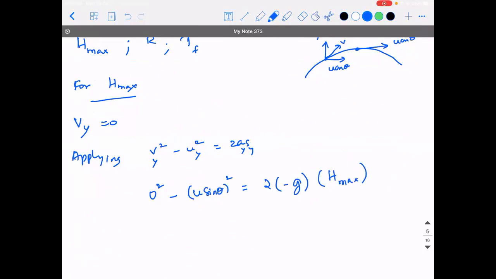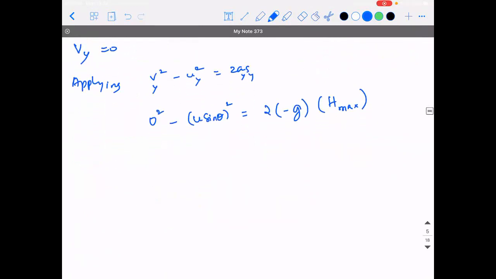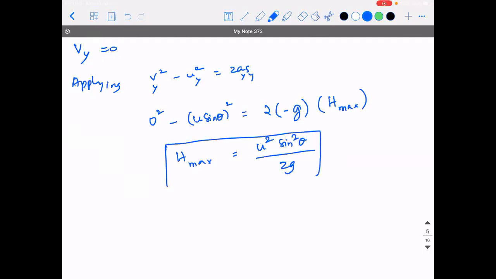For unknown parameters, since H max is what we need to find, we generally don't give a sign convention. So H max will be equal to u square sine square theta divided by 2g. This is the formula, a one-step derivation. Simple, right? So the maximum height reached by the particle is u square sine square theta divided by 2g.